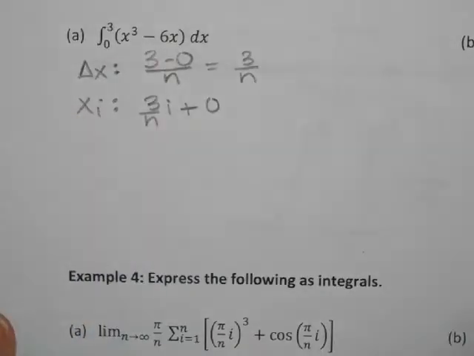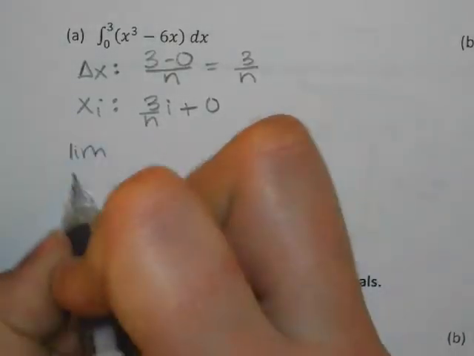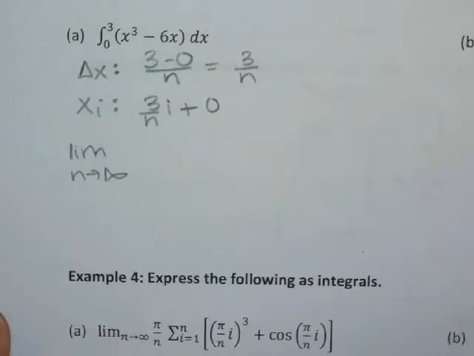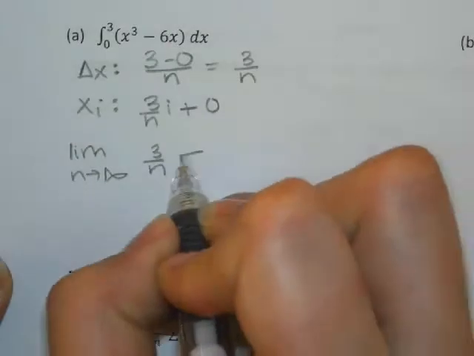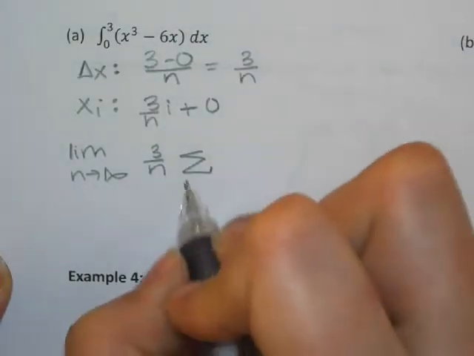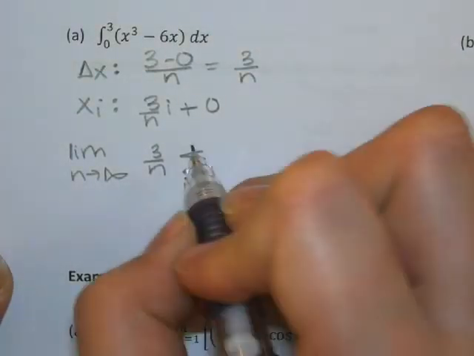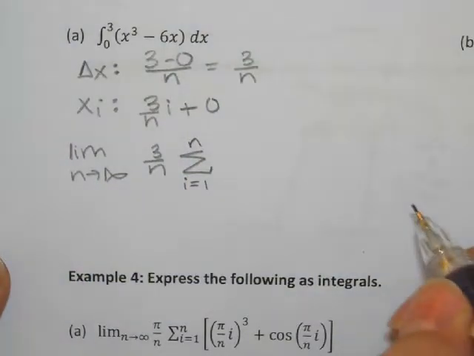Okay, so we have the limit as n goes to infinity of the width of the rectangle, which is 3 over n, there's the width, times the summation from i is 1 to n.